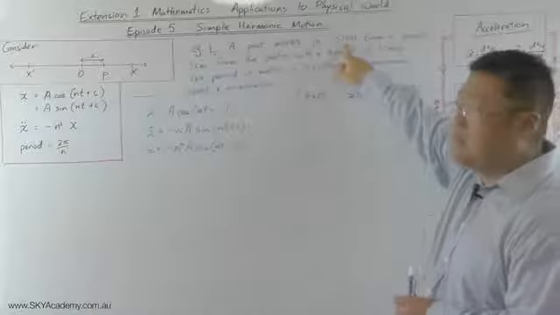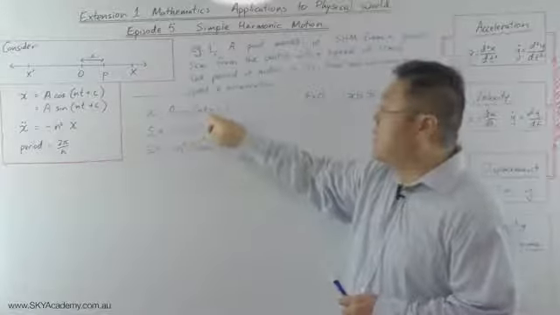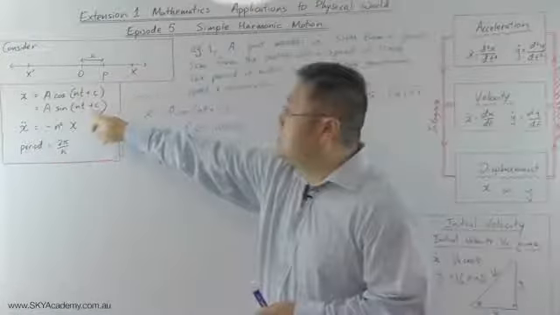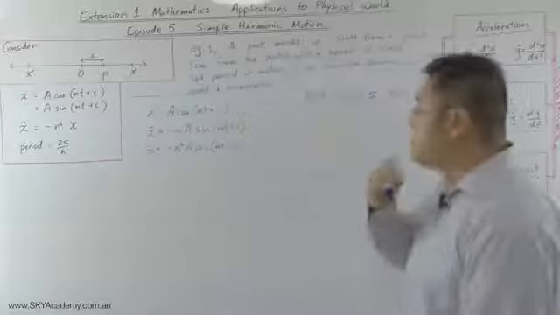Given that it is simple harmonic motion, we can go straight to this formula, A cos(nt + c), right? Now we can either go to that formula or to the other formula, which is in sine form. Either way will work, right?